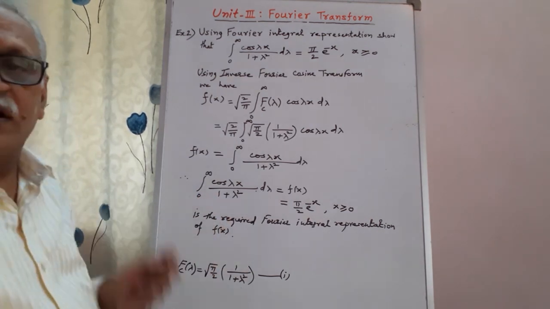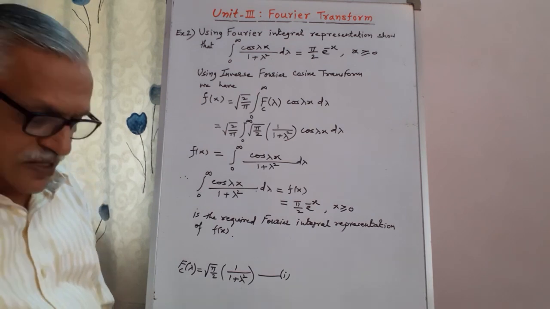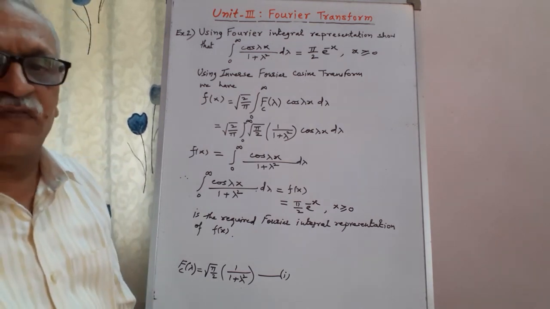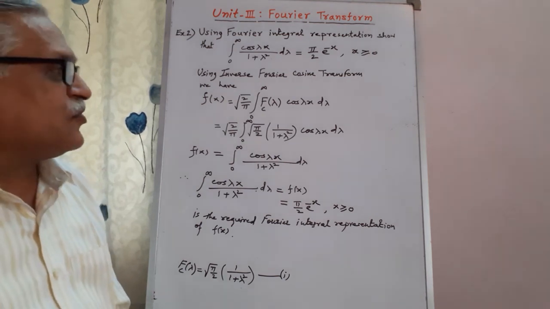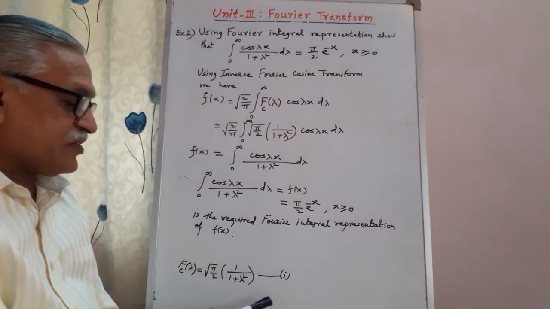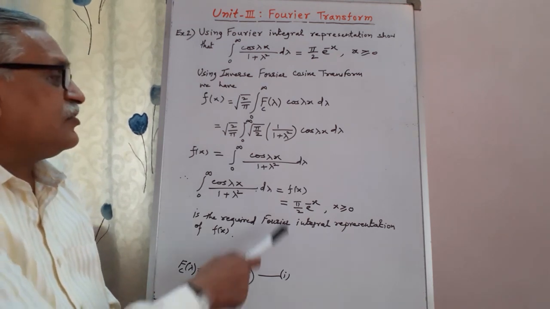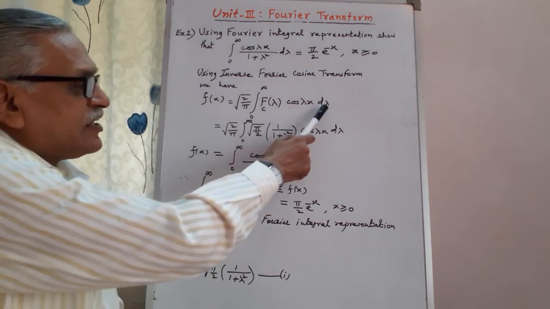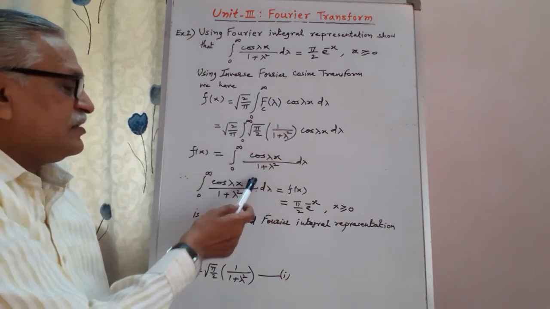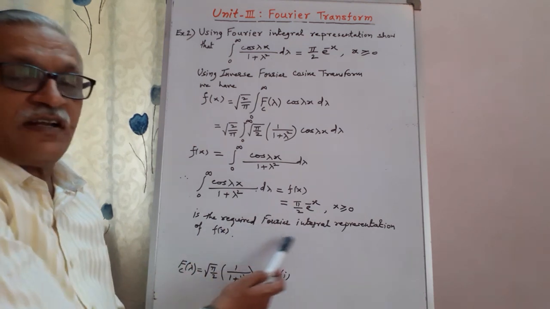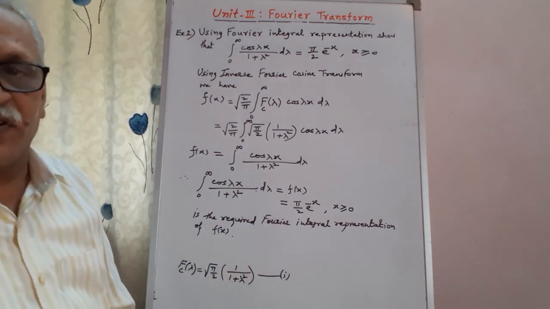This is the required result or answer. Therefore, like the first problem, here also I have performed it in two parts. In the first part, I have obtained the Fourier cosine transform, and whatever that result, we call it equation 1. Then using that result in the inverse Fourier cosine transform, we find the required Fourier integral representation of that function.